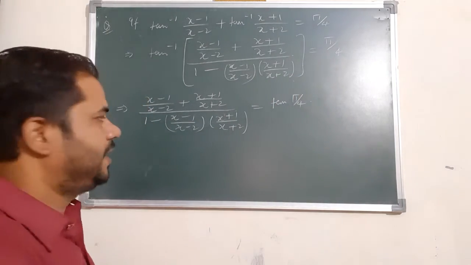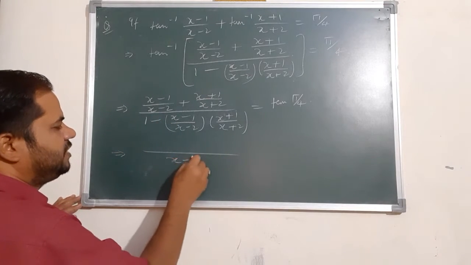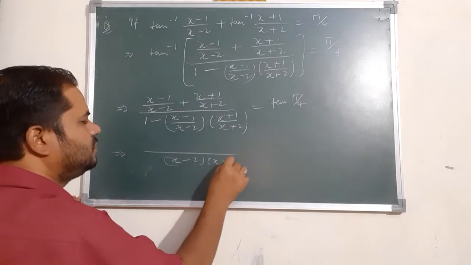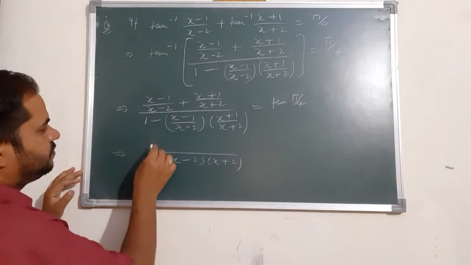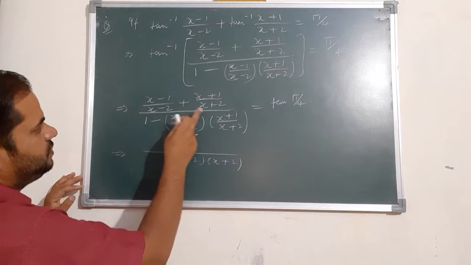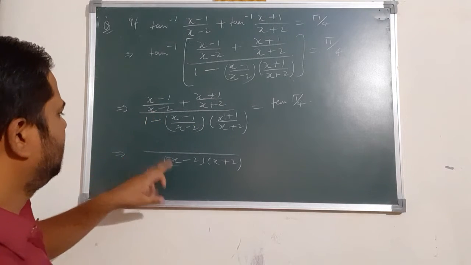Okay, and afterwards this is nothing but x minus 2, x plus 2 LCM. So this is (x minus 2)(x plus 2). Okay, so this is LCM.